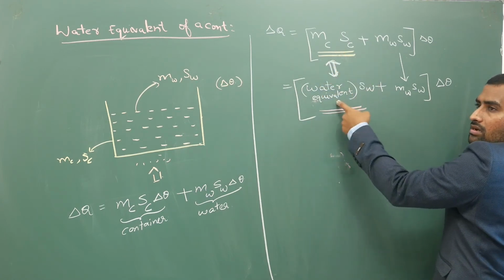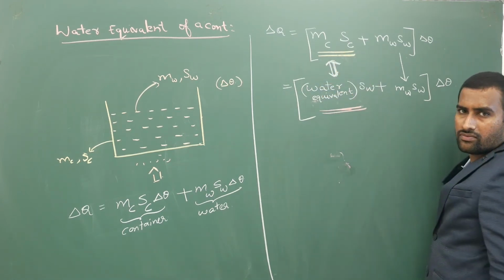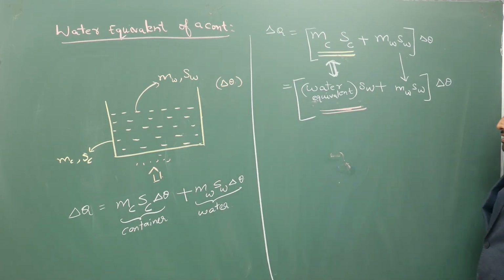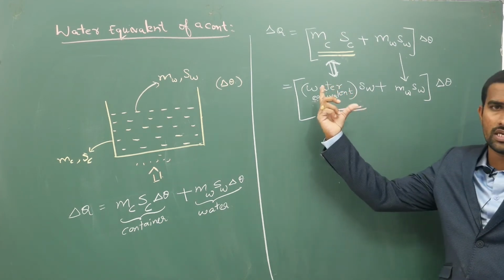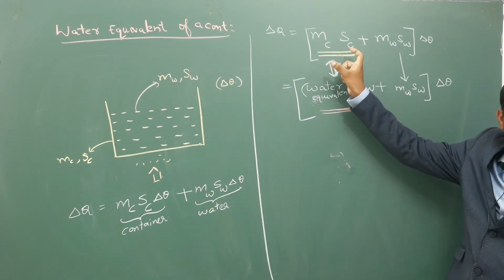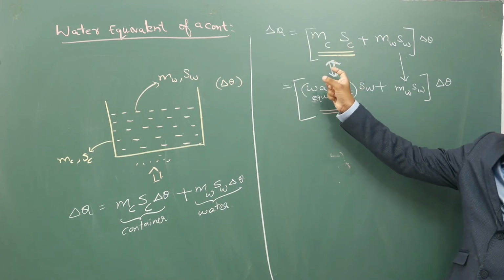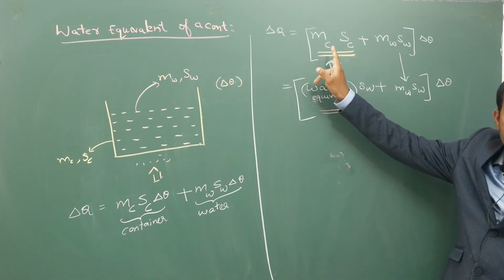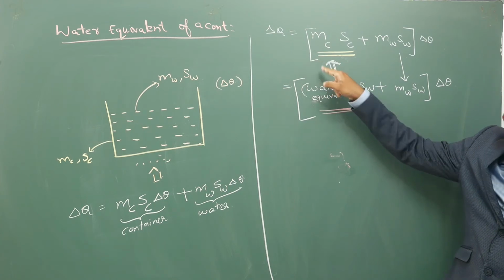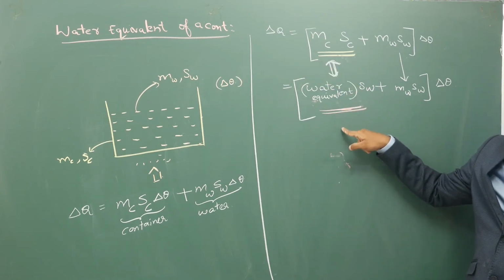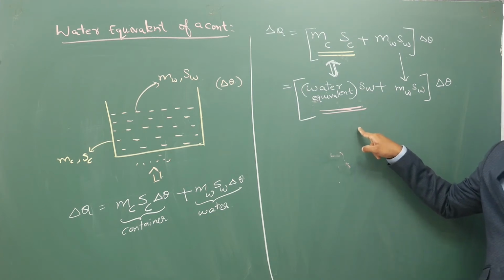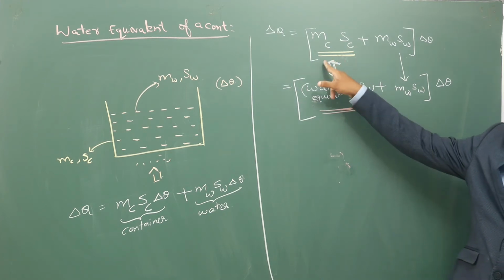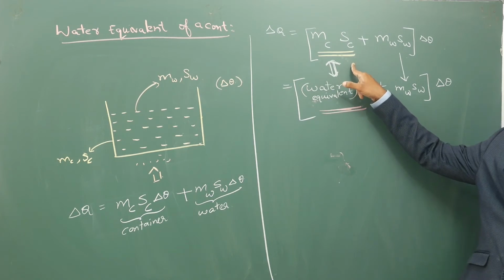It is not a big deal, follow carefully. Whatever amount of heat capacity that container has, the water equivalent amount of water will also have the same heat capacity. Your m into s is nothing but heat capacity.